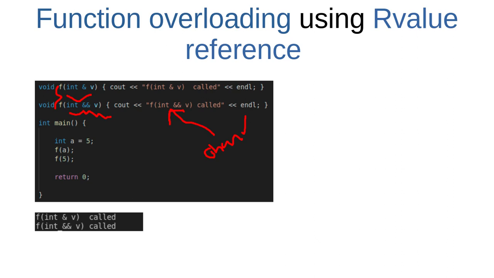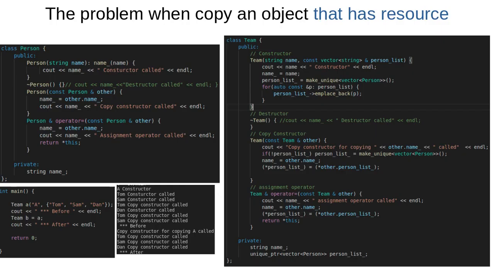So I have benefits from this overloading. As you can see here, I defined a equal 5, and now I can pass to the same function name f a value, and I can pass it a temporary value or an R value. For the first one, f of a, it will call the first function, and f of 5, because this is an R value, it will call the second function.